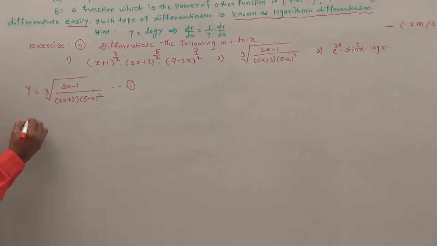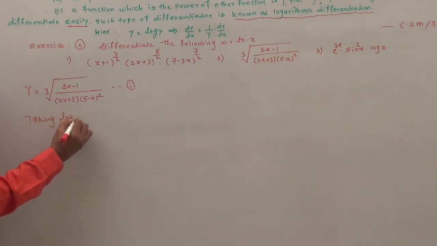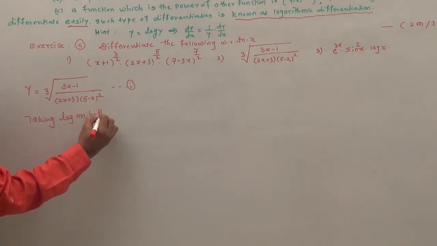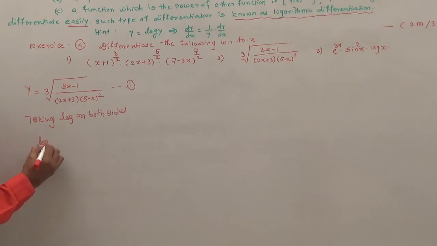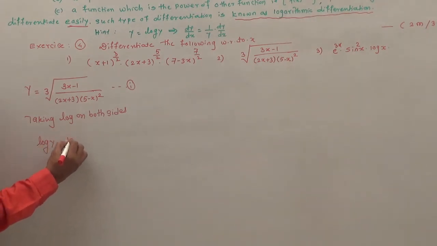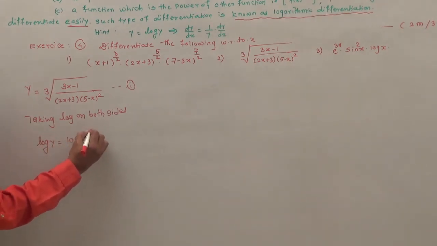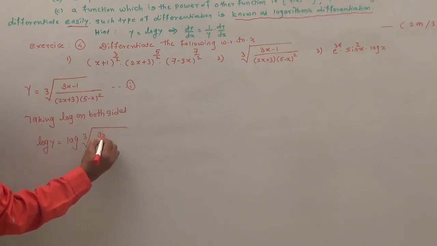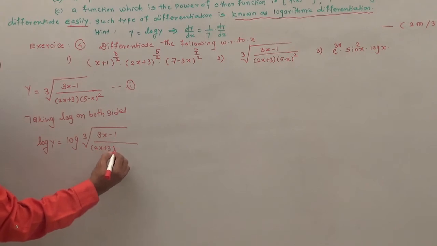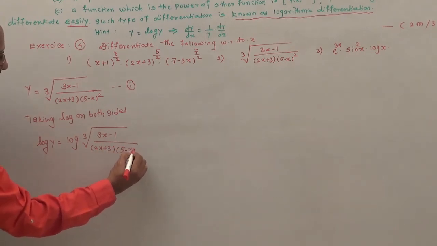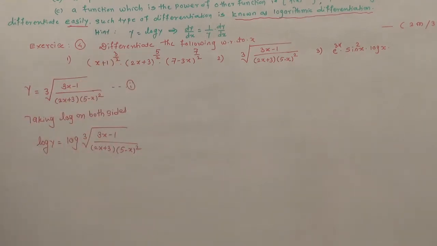So now taking log on both the sides, log y is equal to log of the cube root of (3x minus 1) upon (2x plus 3) into (5 minus x) square. Now simplify it.